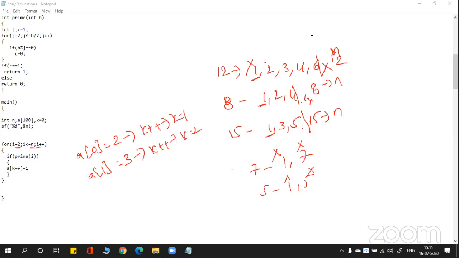I hope everyone knows it. How can I get this array size? I'm storing all the elements in an array. Yes, 227 is telling length. How will we get that length?